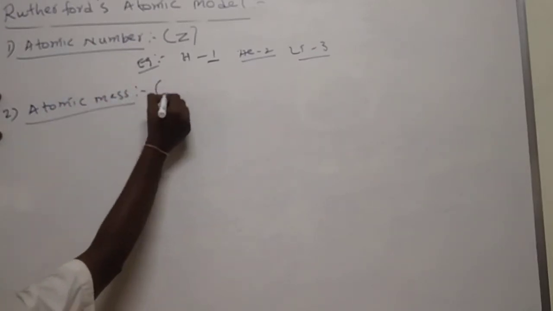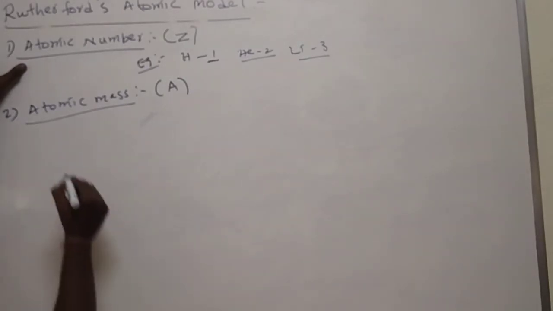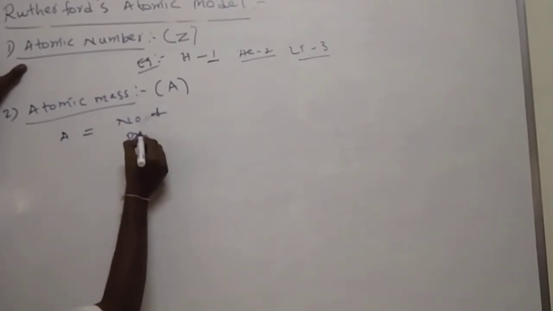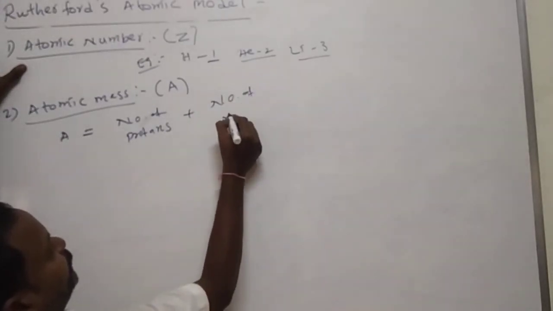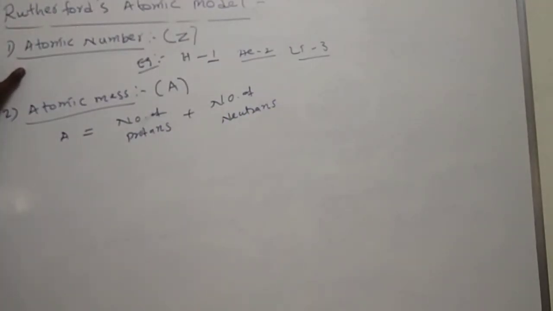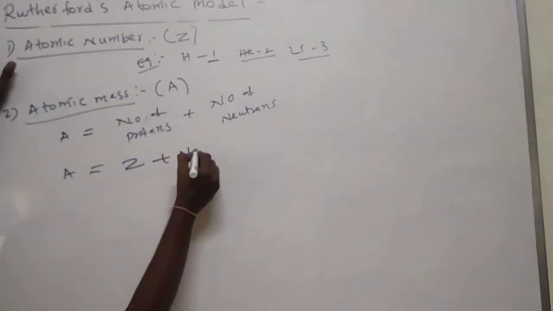Next, atomic mass, indicated with capital A. The sum of the number of protons and neutrons we call the atomic mass. Atomic mass A is equal to the number of protons plus the number of neutrons, that is, the atomic number plus N, the number of neutrons.